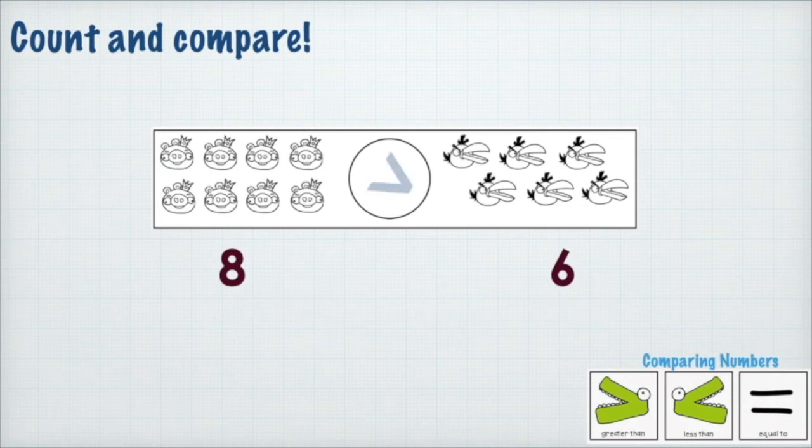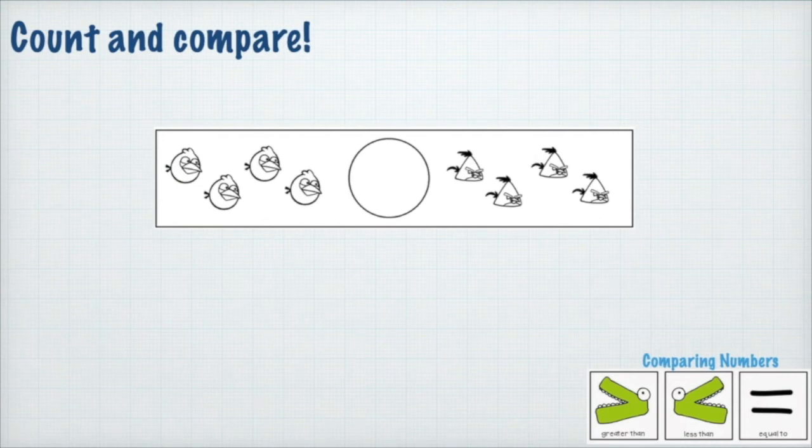So let's say 8 is greater than 6. Alright, so there are 4 birds and also 4 birds. So the answer is 4 is equal to 4.